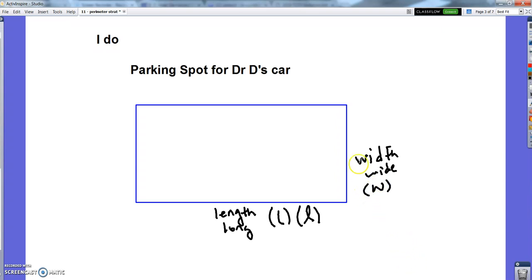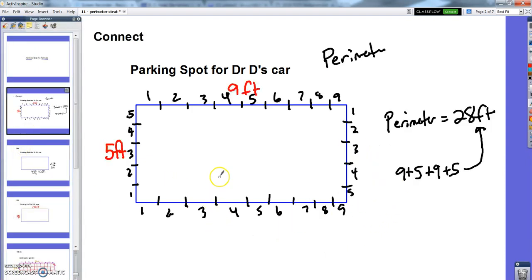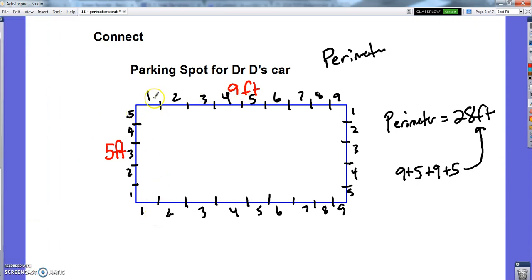So what I do is a short way to make what's called a formula for this, since what I'm going to do is go back and add the length here. This is a length. And then I'm going to add a width of 5. And then I'm going to add a length. And then I'm going to add a width.